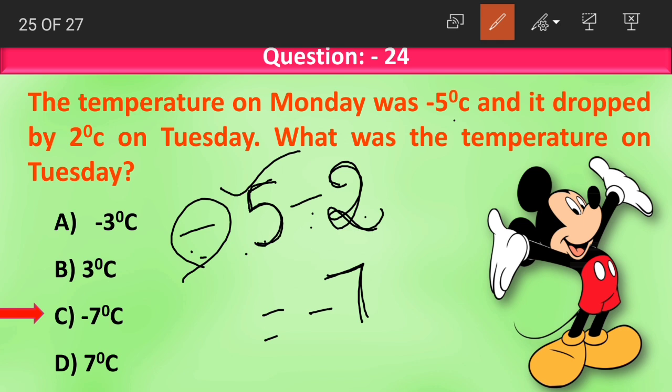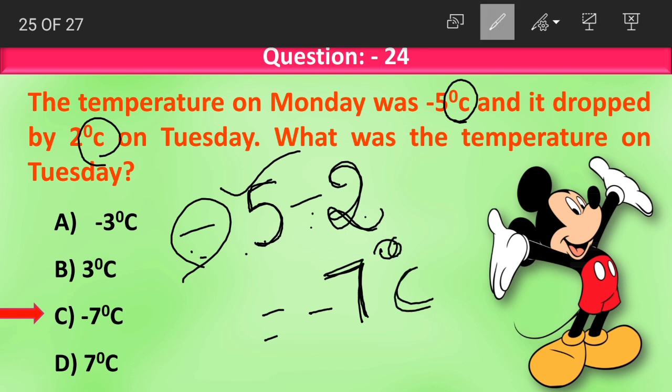Another important thing is that in the question the numbers are given in the Celsius unit of measurement, so the answer should also be written in Celsius.